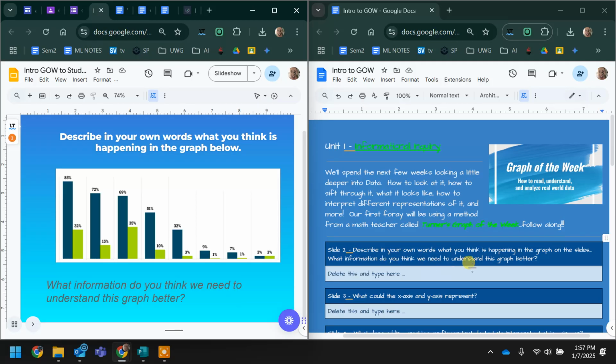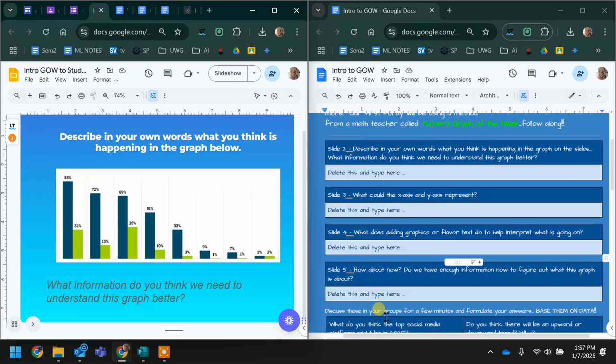If you follow along this handout, it literally goes slide by slide. You start with a very basic graph: okay, here's a graph. If you look at this graph, what might be going on? What information are you missing? Think about if you just have lines and bars and numbers, what more do you need? You can start in numeric and mathematical terms.